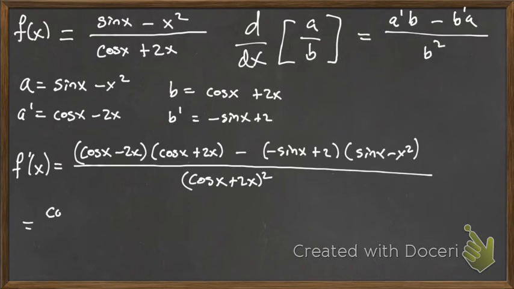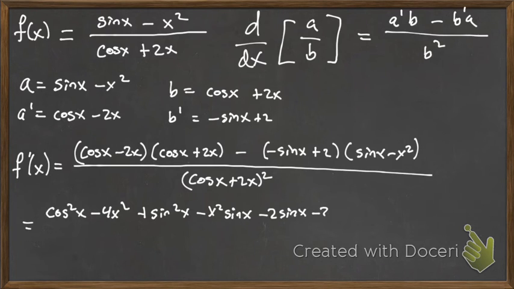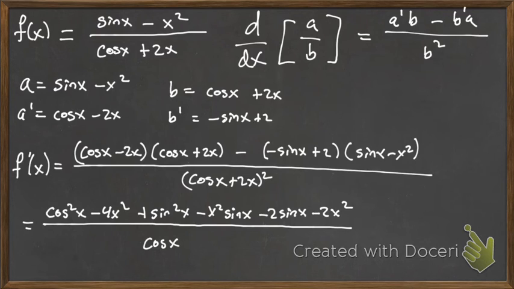And we can FOIL it out, so that's a difference of squares. Cosine squared x minus 4x squared plus sine squared x minus x squared sine x minus 2 sine x and then plus 2x squared, and then all over cosine x plus 2x quantity squared.